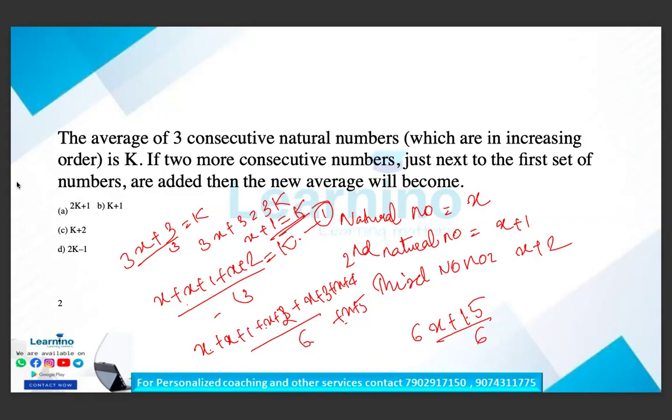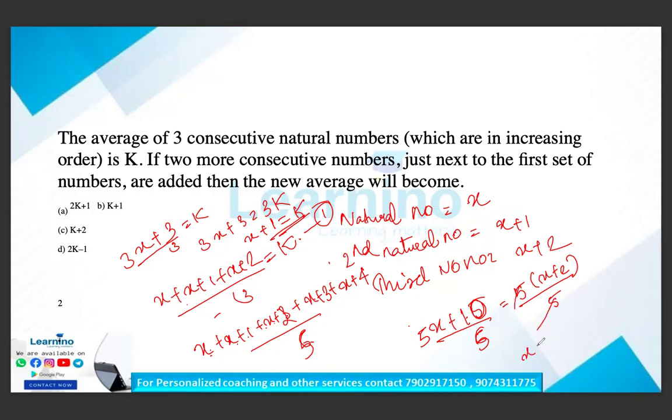Here the question asked: the next 2 numbers are also added. So x plus 3 plus x plus 4, total 5 numbers, divided by 5. So 5x plus 10, divided by 5, equals 5 into (x plus 2) divided by 5.